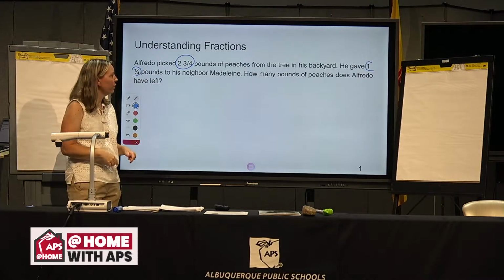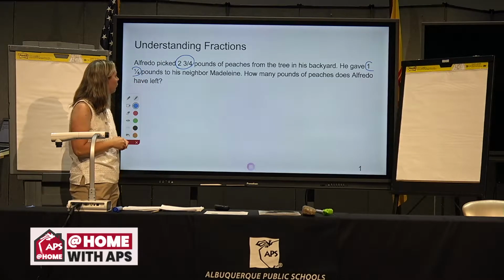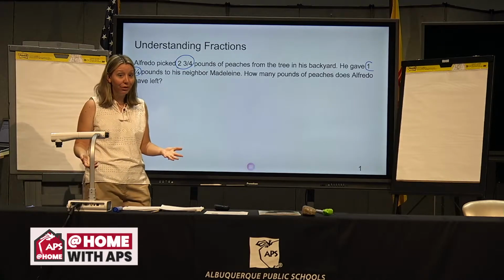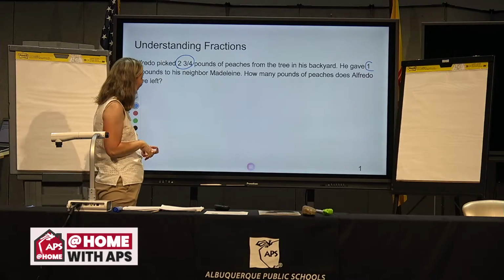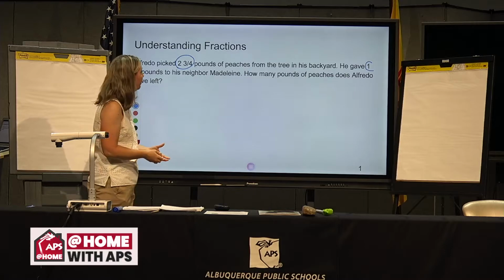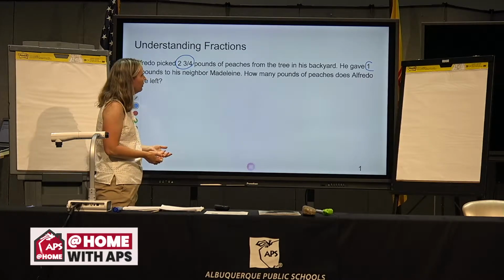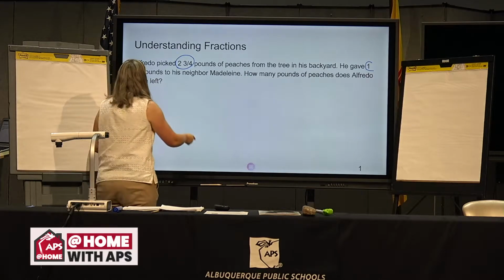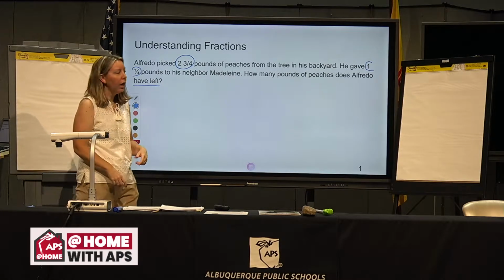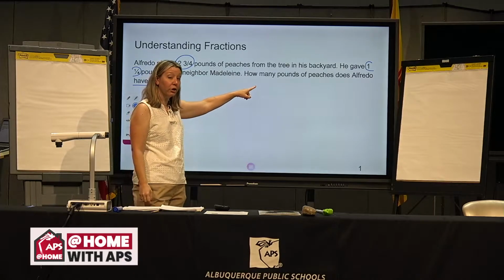Open circle so we know that we gave 1 1/4 pounds to his neighbor, Madeline. Now, what are we being asked to do? We know to always mostly look for the question marks. That's normally a clue to us. How many pounds of peaches does Alfredo have left? So I'm going to underline have left. Pounds is important because that is our unit.